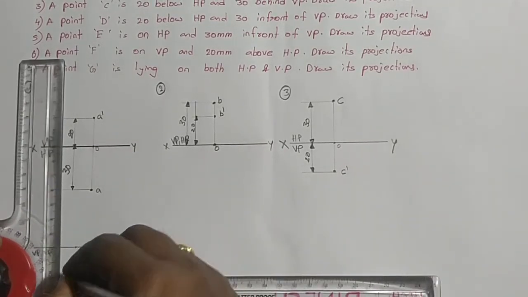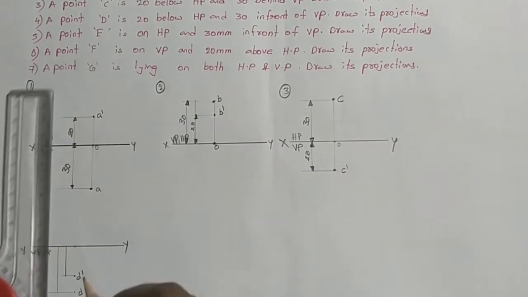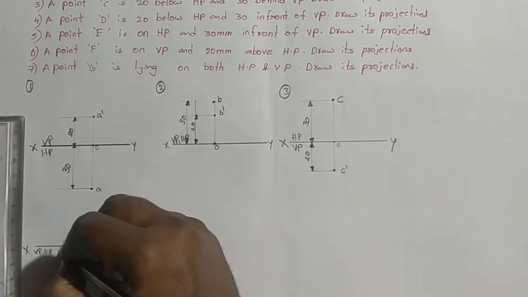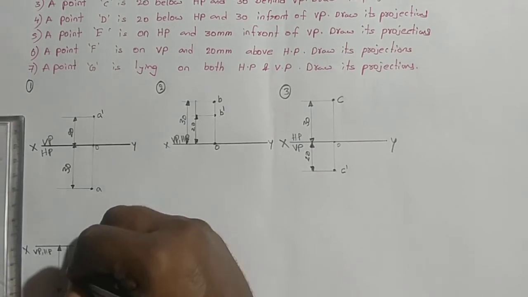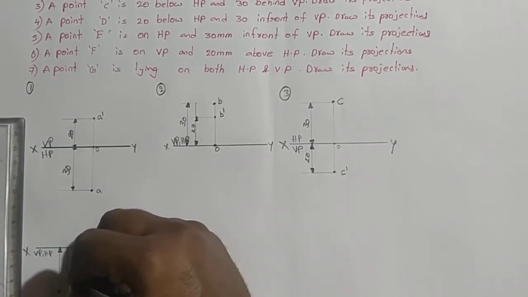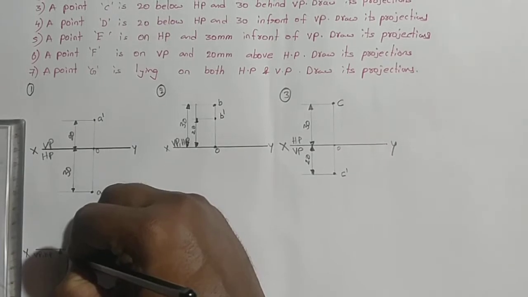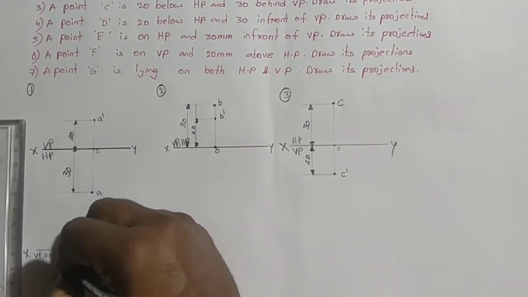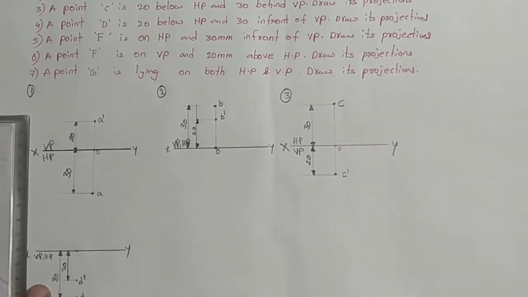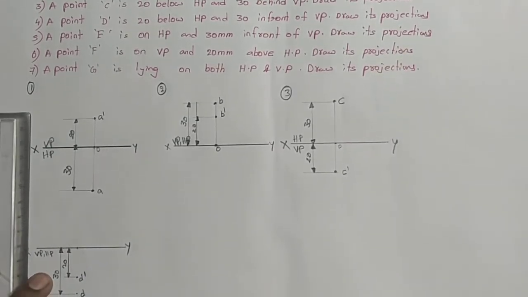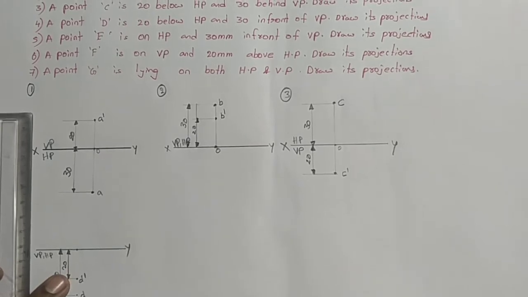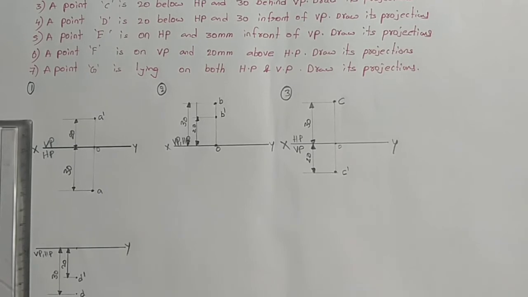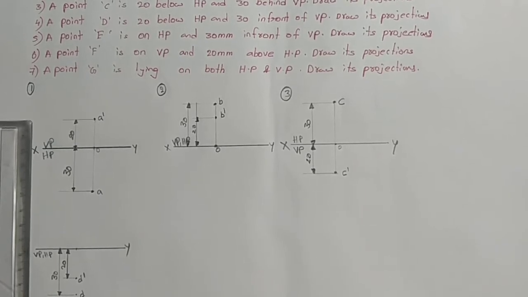From this point to this point distance is 20. We need to give the dimensions. It is 30 and this one is 20. The top view is 30 mm in front of VP and 20 mm below HP. Below or above is definitely front view. Behind or in front is top view.